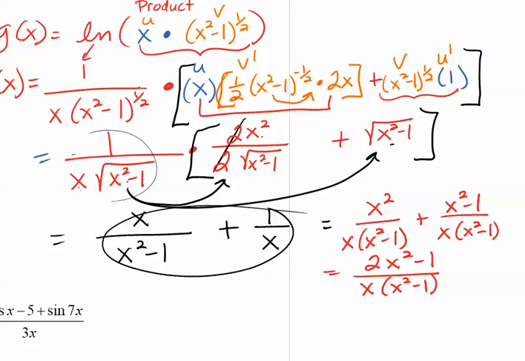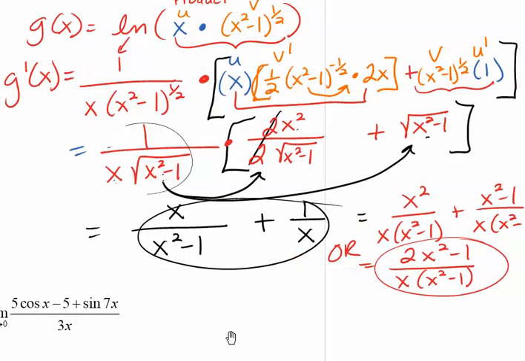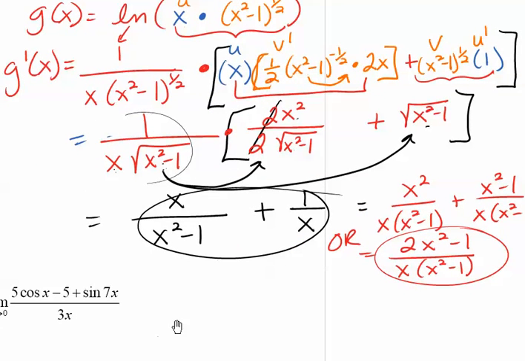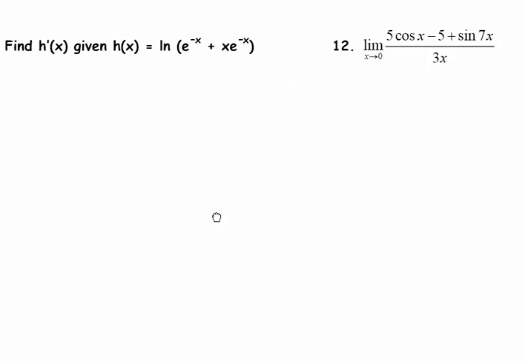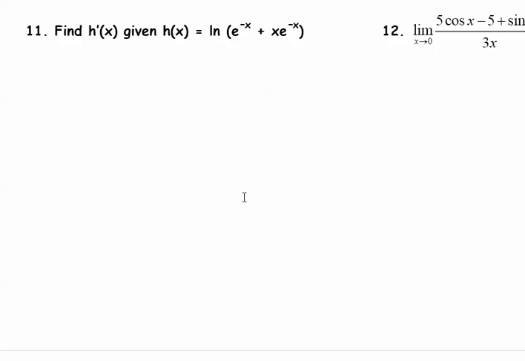The numerator doesn't factor, so I don't think that really did much for us. So when in doubt, if you're not sure if you have time to try more algebra, leave it in its previous form.